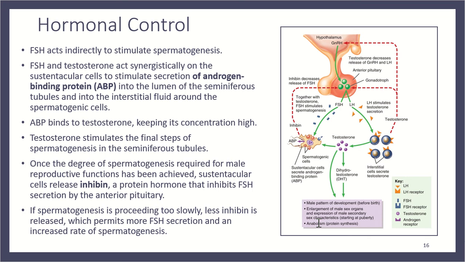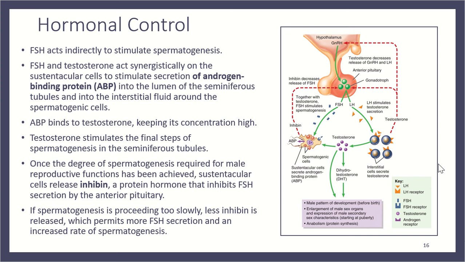So looking at hormonal control, this is very much like a feedback loop where follicle-stimulating hormone is going to act indirectly to stimulate spermatogenesis. Follicle-stimulating hormone as well as testosterone are going to act synergistically on those sustentacular cells to stimulate the secretion of androgen-binding proteins, ABP.